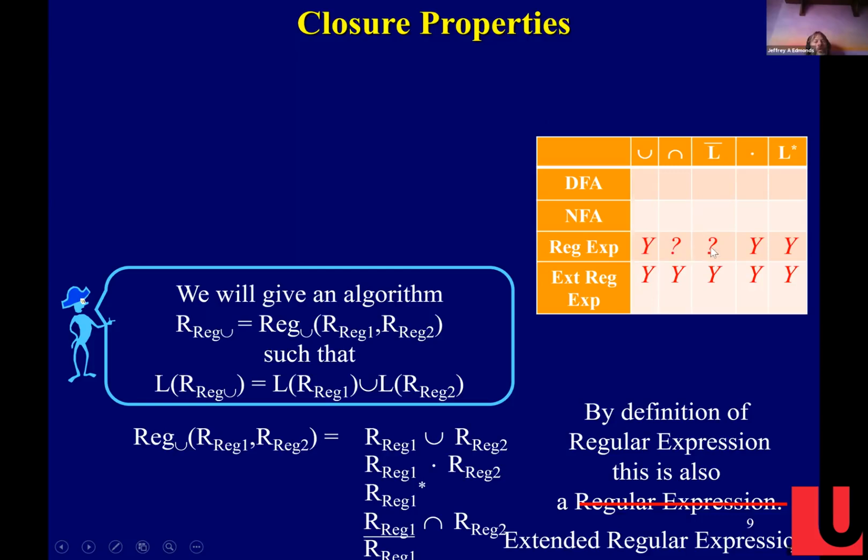So it's not clear that they're closed under them. It could be that there are L1s that you can do with a regular expression, and there are L2s that you can do with a regular expression, but you can't do the intersection with a regular expression. It's possible that that's true, but it turns out not to be true. But the proof will be very hard.